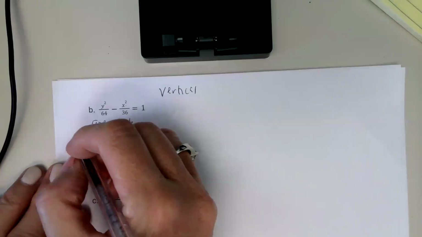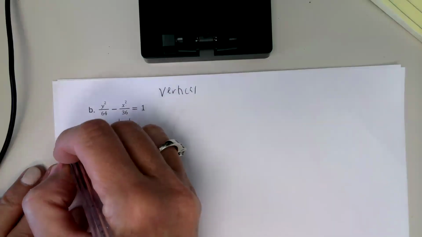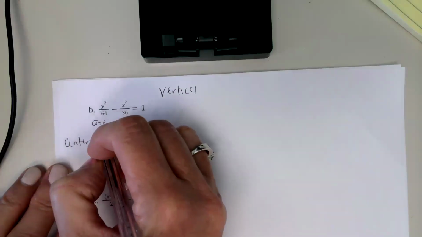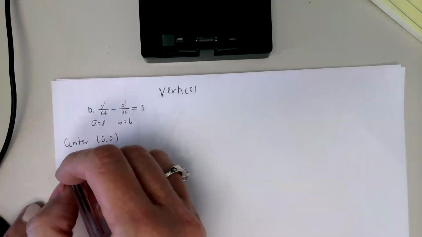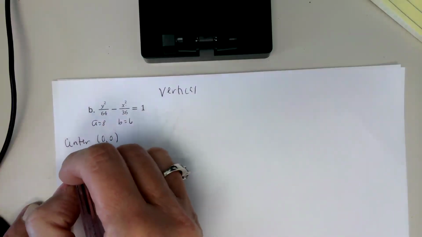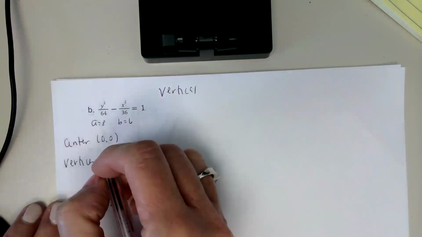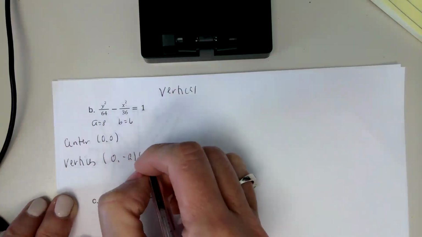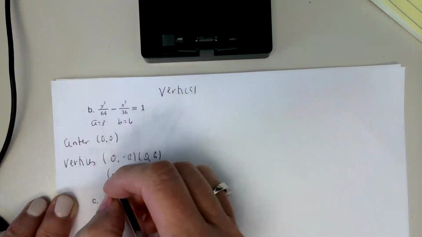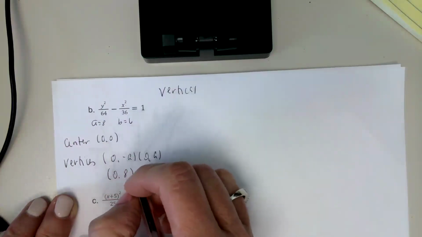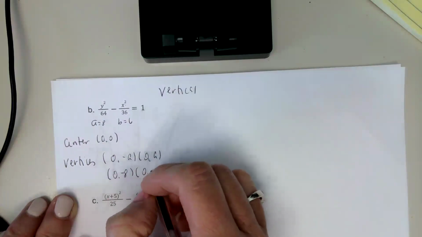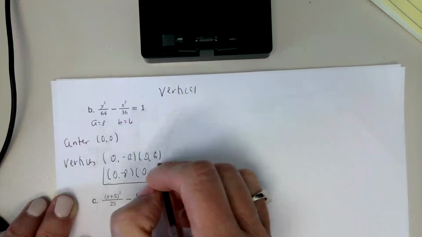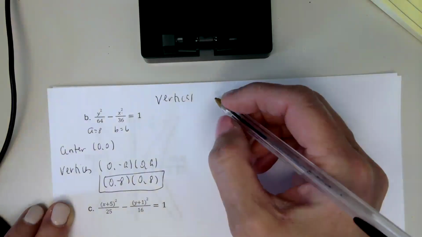And our center is still at 0, 0. And our vertices this time are at 0, negative A and 0, positive A. So at 0, negative 8 and 0, positive 8 for those.